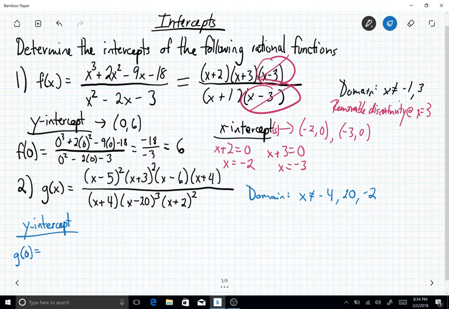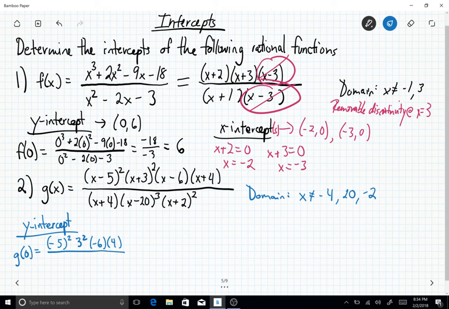But the main gist is we're going to have negative 5 squared, 3 squared, then negative 6, and a positive 4, because all the rest of those terms are zeros.